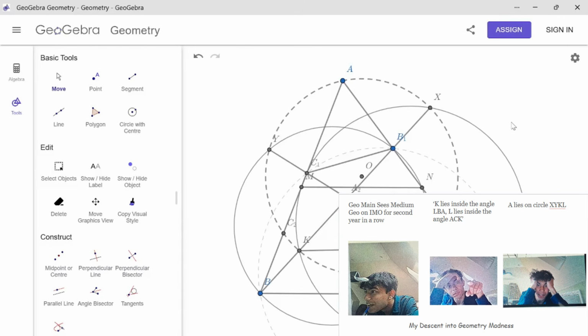Okay, so we know that X, Y, K, L is cyclic. Fine. But we don't know that it's on circle AKL. We don't know it's a circle through K, L that goes through A. Right. How do we show that?